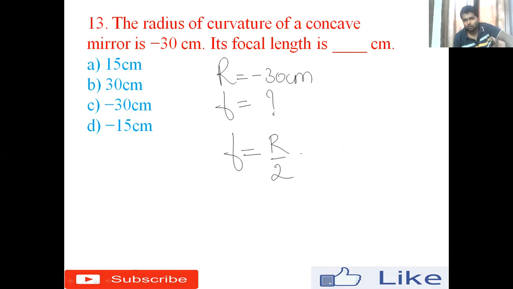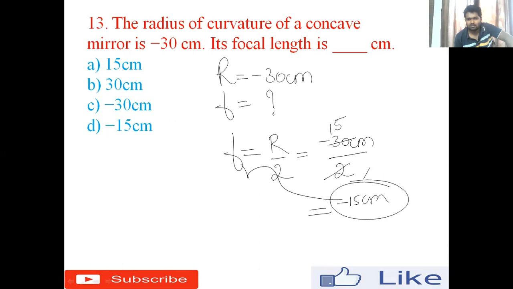So the radius of curvature is -30 centimeter divided by 2. So 2 ones are 2, 2 15s are 30. Is it right? So the answer is -15 centimeter. So the focal length is -15 centimeter. The option is D. D is the right answer.